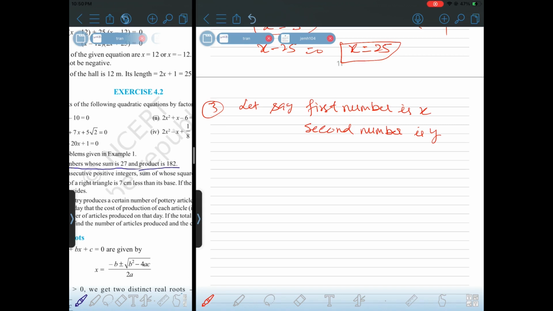So the question says the sum is 27. So what we can say? x plus y is equal to 27. Simple. Equation 1. And the second part of the question says the product is 182. It means that xy is equal to 182, right?